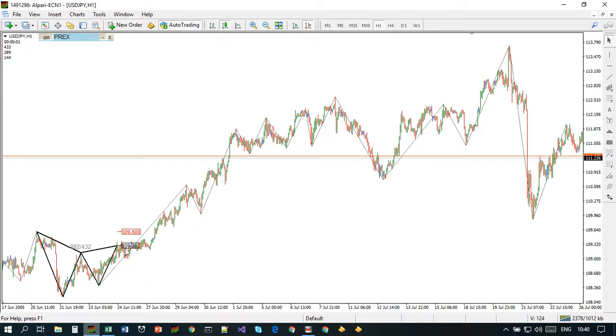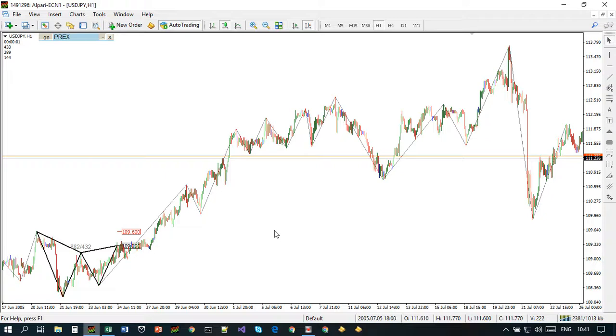Guys, I also want to test the 382 target of the C2D. Right now I'm using the 50% C2D, but I also want to test the 382, at least to do the break even at 382, because I noticed very often price goes to 382 and then bounces to the upside.